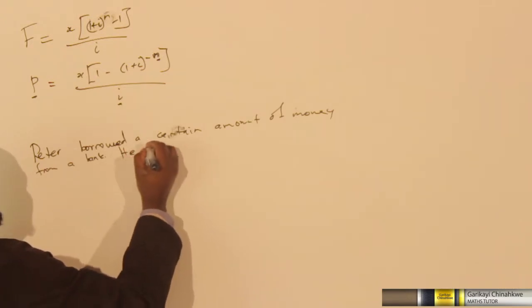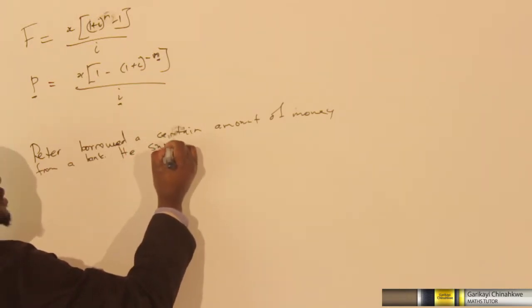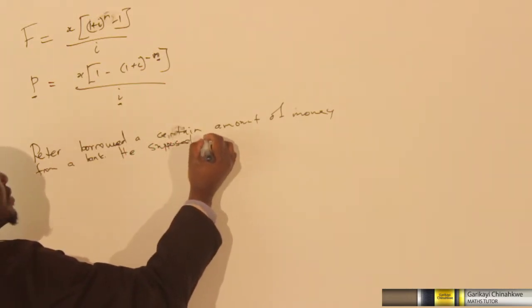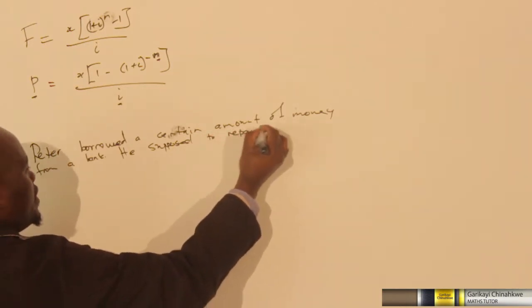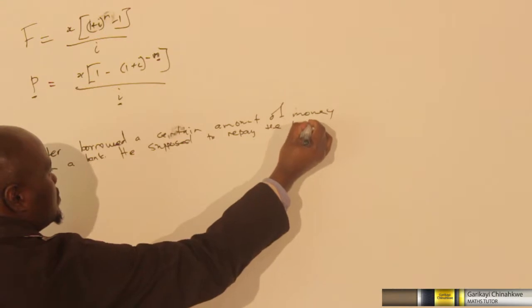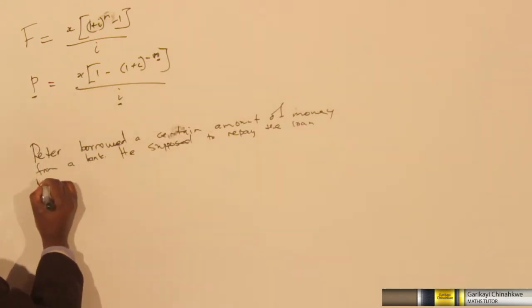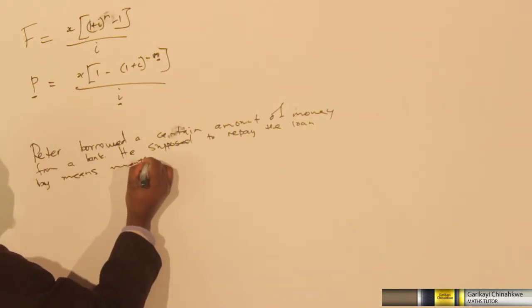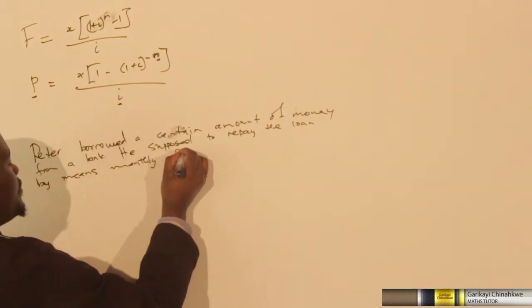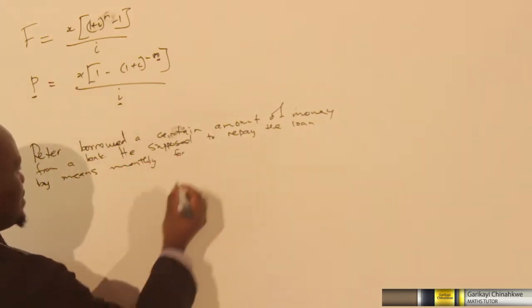You're supposed to repay the loan by means of monthly installments, maybe let's say for 3 years.